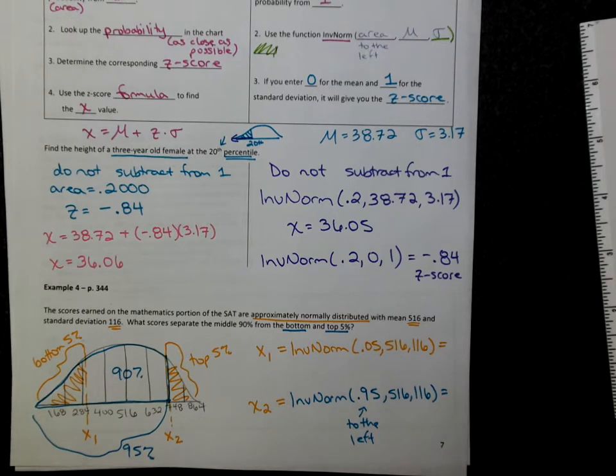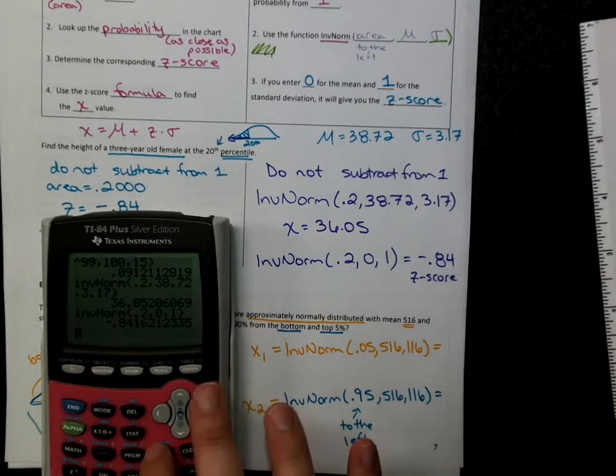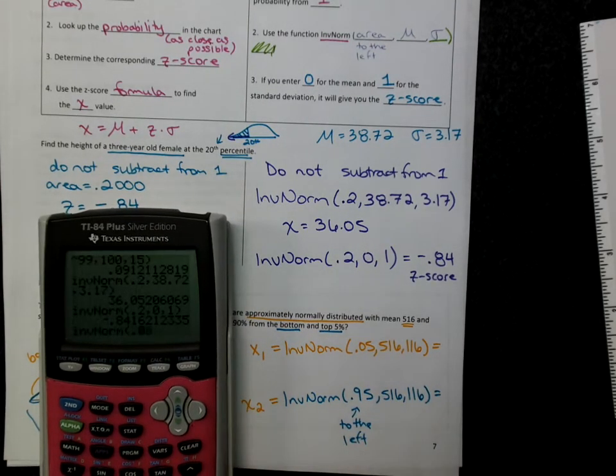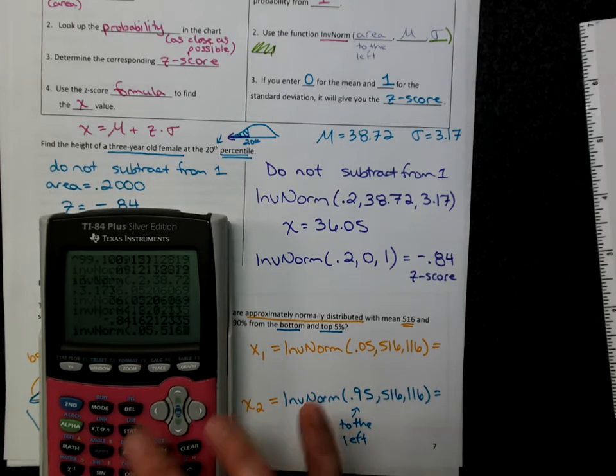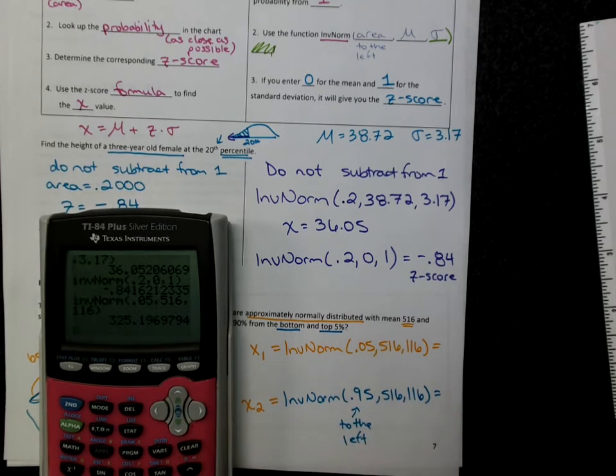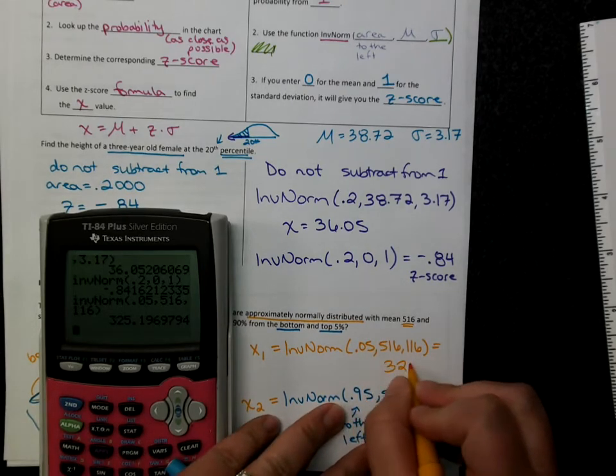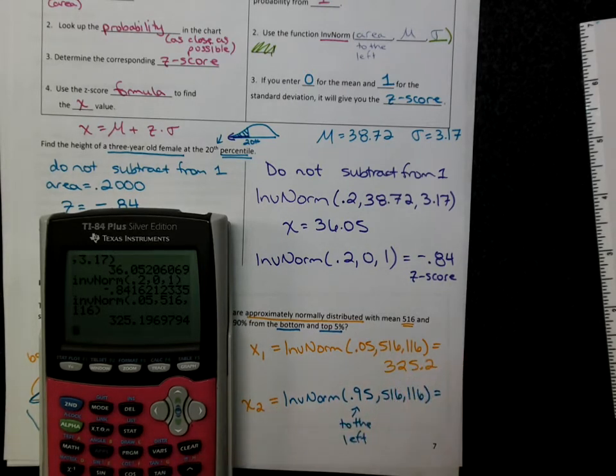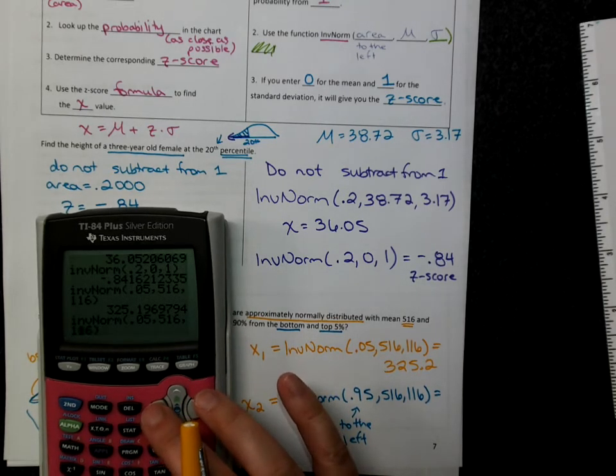All right, so let's crunch those numbers. We have inverse normal, 0.05, 516, and 116. That gives us a lower score of 325.2. And then inverse normal of 0.95.